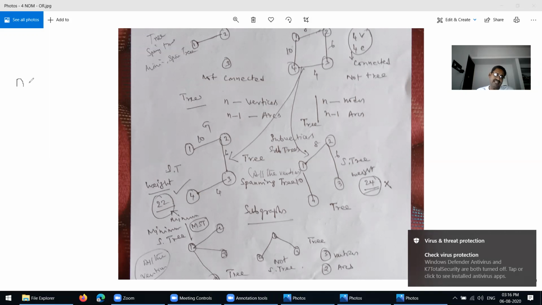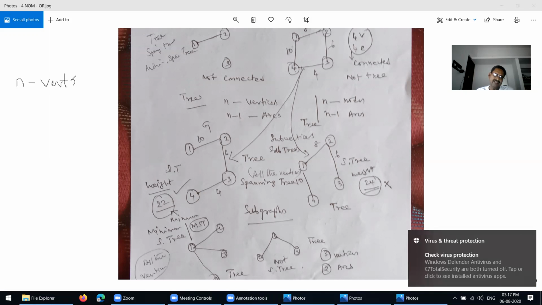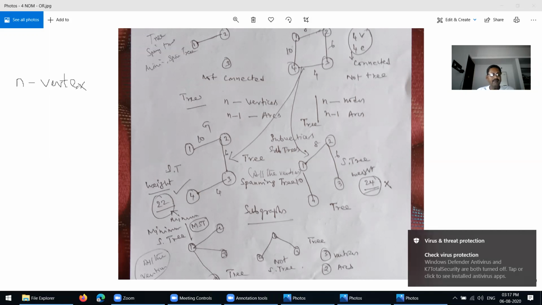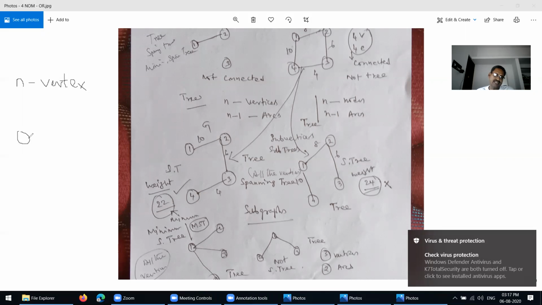A graph contains n vertices or nodes, and n minus 1 edges. You understand? So what is this one?